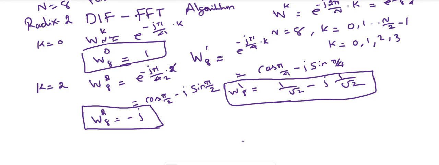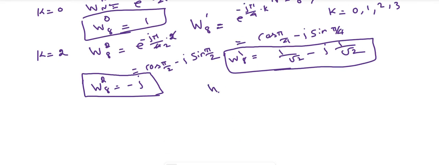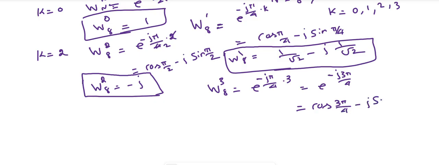So W_8^3 will be e^(-jπ/4 × 3), so you will get e^(-j3π/4), equal to cos 3π/4 minus j sin 3π/4, so you get minus 1/√2 minus j 1/√2. This is W_8^3.